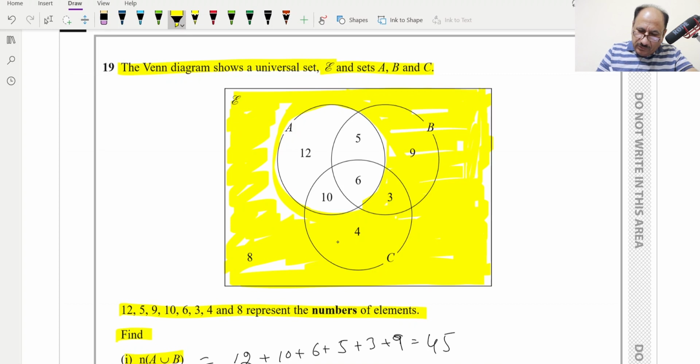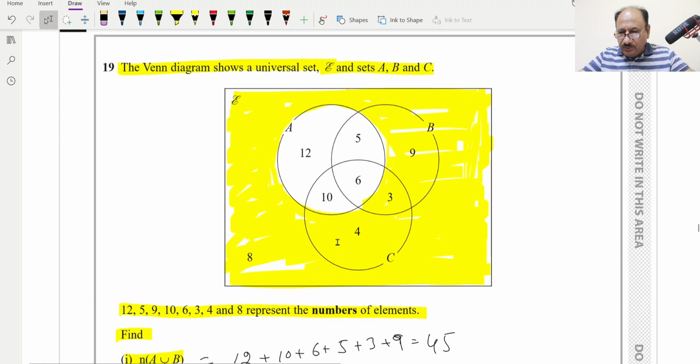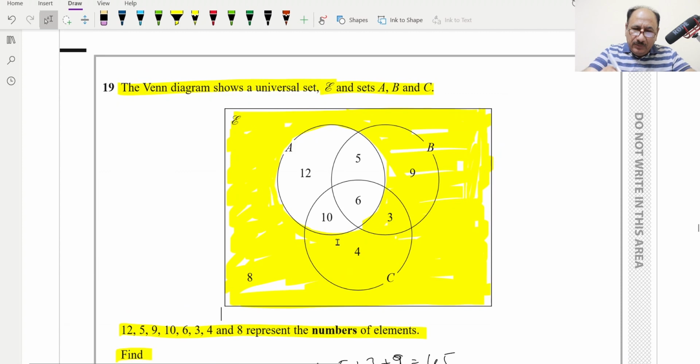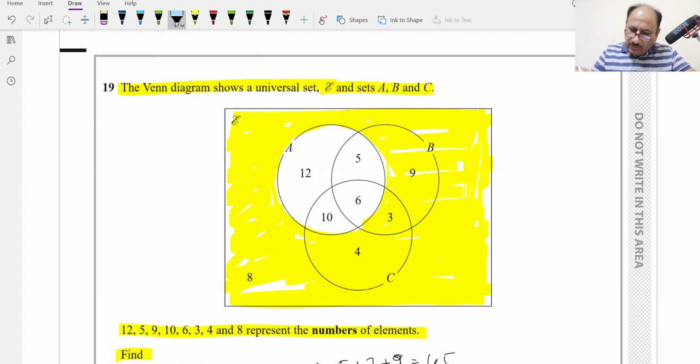and after this we need to draw A complement intersection B complement. Now B complement will be what? B complement we can draw in a different color.